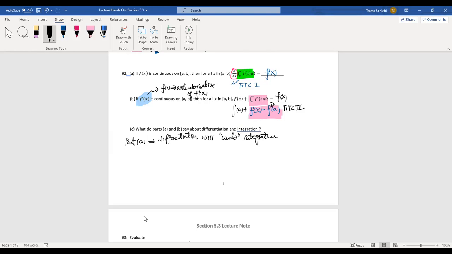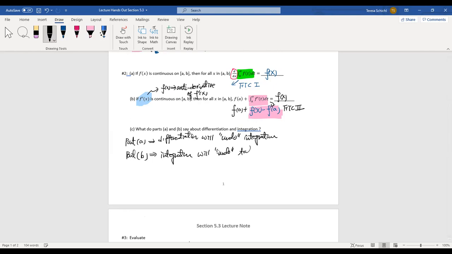Okay. All right. Then part B is here. What is part B? It goes backward, right? So part B says the integration will undo what?